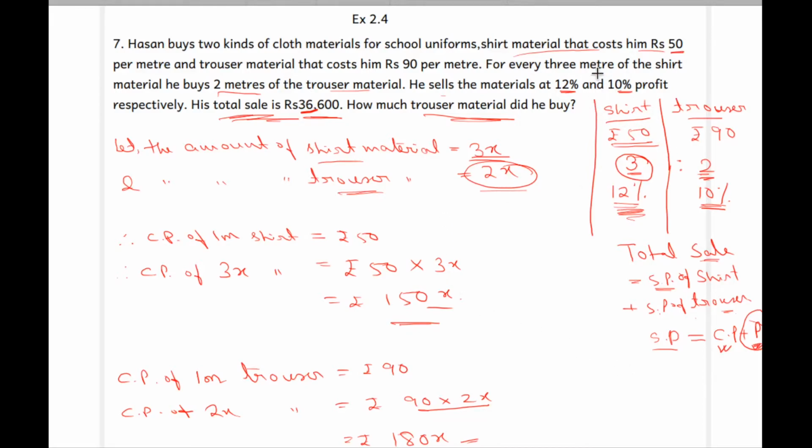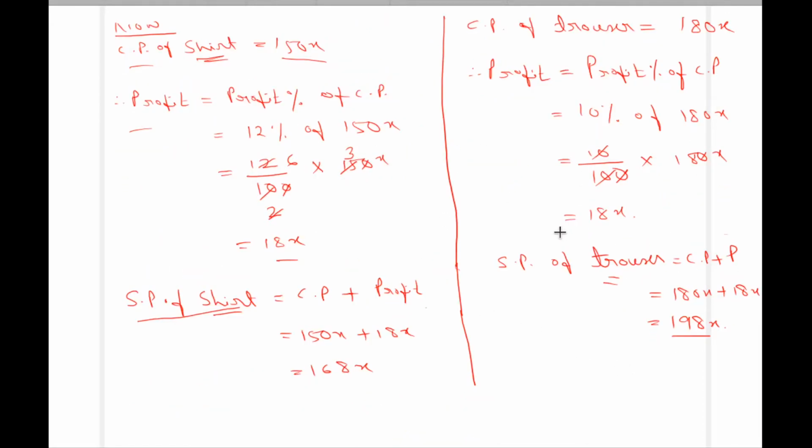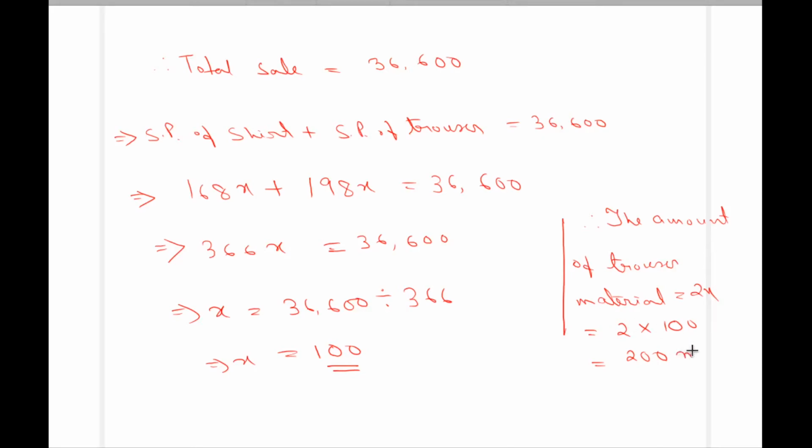The unit was meter. So 200 meter. That means we got a total of 200 meter of trouser material.